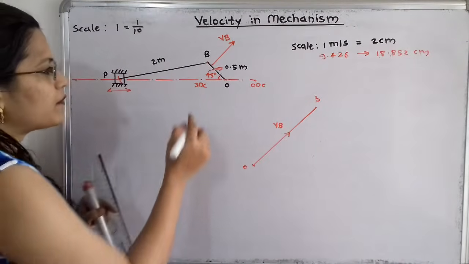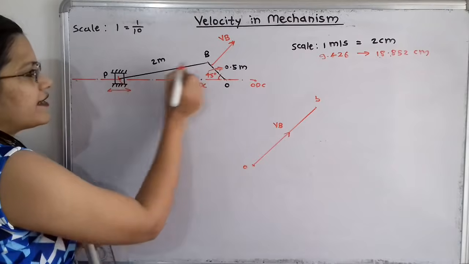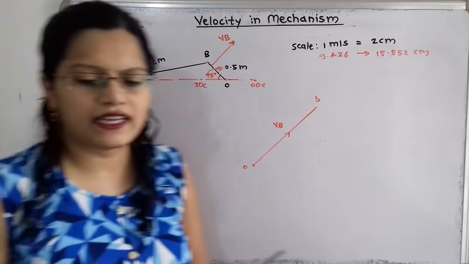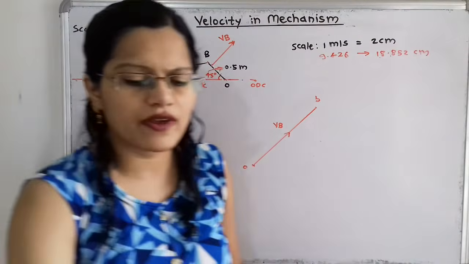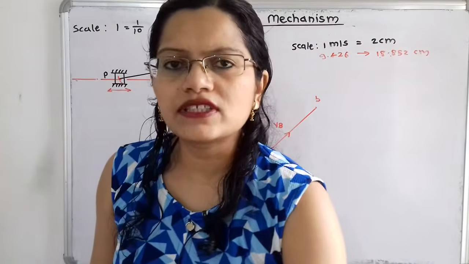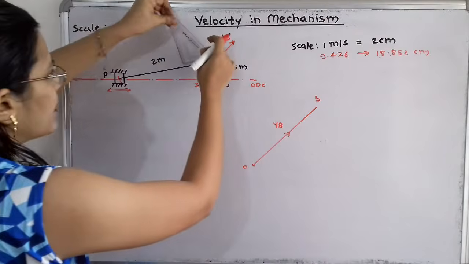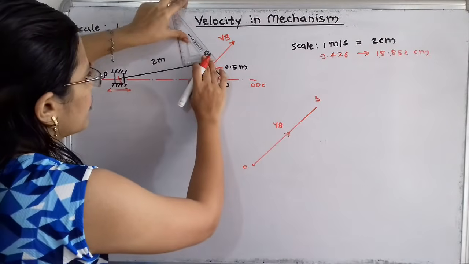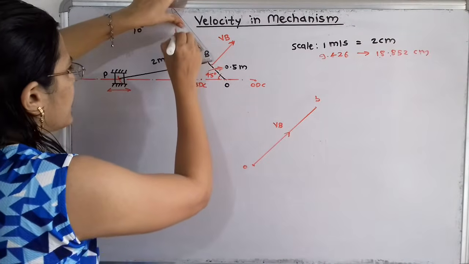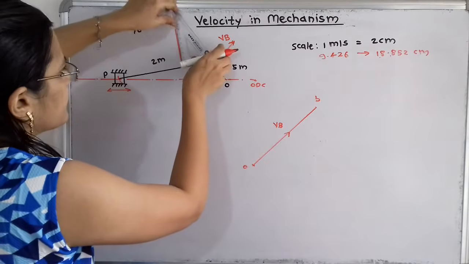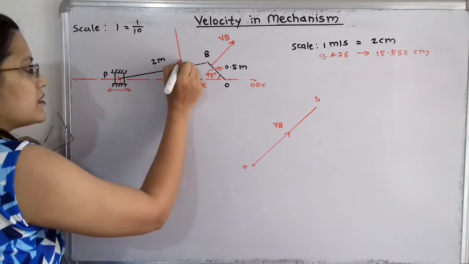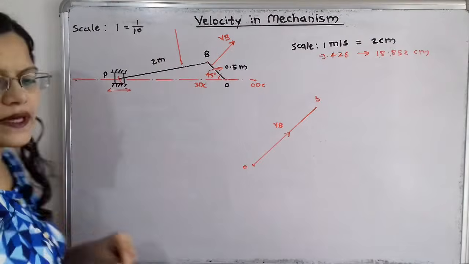Then next, at point B this connecting rod BP is attached. So again we have to draw the velocity. We know that the velocity is in the perpendicular direction to the link BP. So I will draw one perpendicular line to this link BP with the help of the protractor. Here is the perpendicular line.